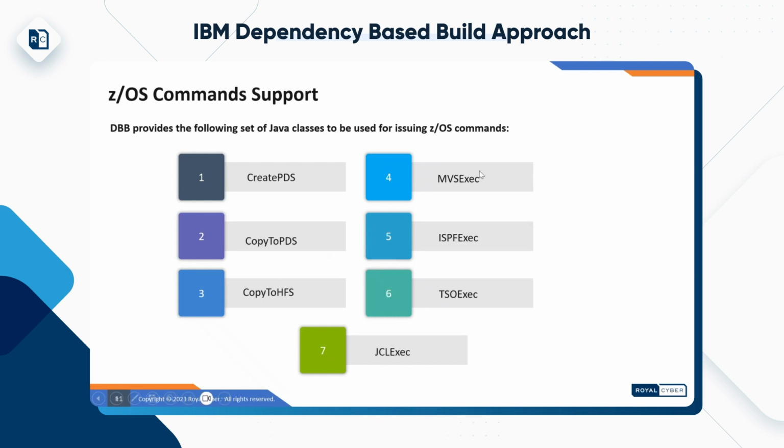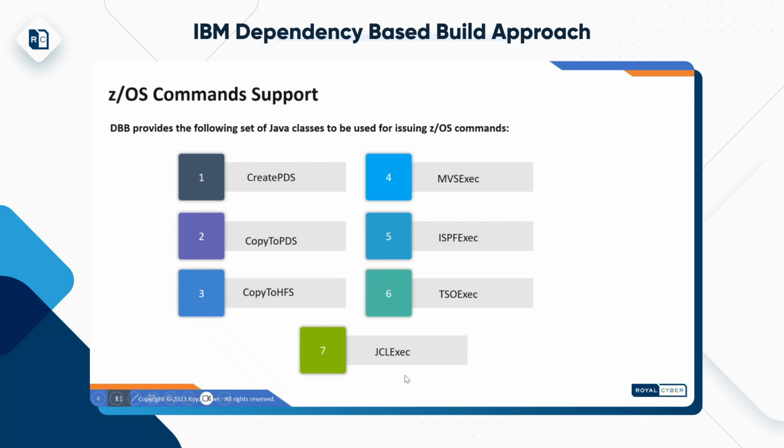So you have a Java class called MVSExec, which is nothing but, whenever you want to invoke your program, you will need to make use of this class. Or if you want to execute some TSO commands, you can call the class called TSOExec. And in the same way ISPF, from where you want to execute ISPFExec. Your JCLExec is nothing but your JCL steps.